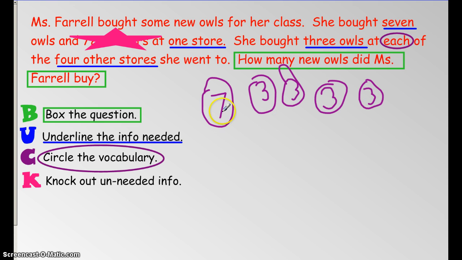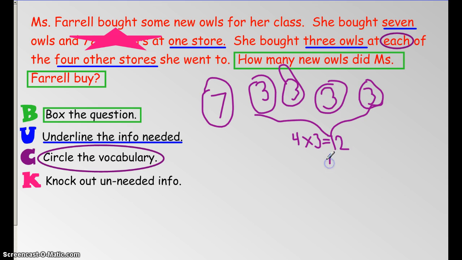So now I've got my 7 owls and my 3, 3, 3, 3 owls. So now I have to figure out how many owls did Miss Farrell buy. I'm going to say 4 times 3 equals 12. So I know that's 12, but I've got to remember this 7.